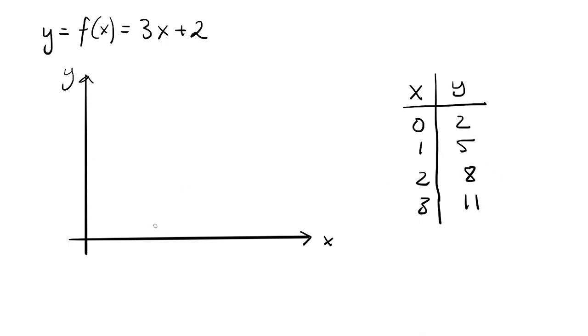So now if I plug this into my coordinate system, okay, so 0, 2, then I'm here. And then 1, 5, 2, 8, and 3, 11.